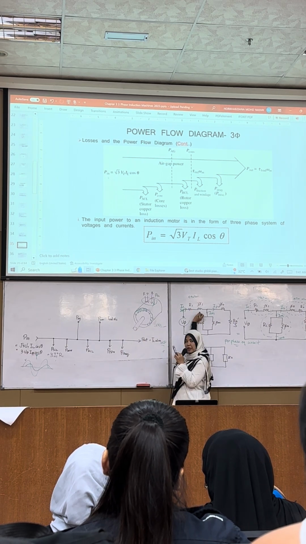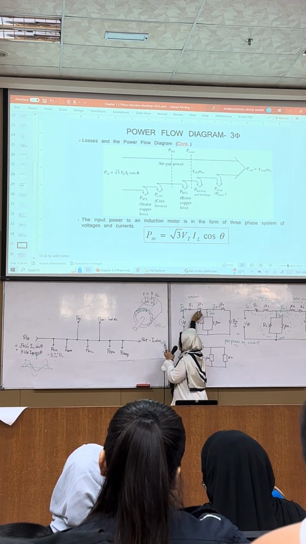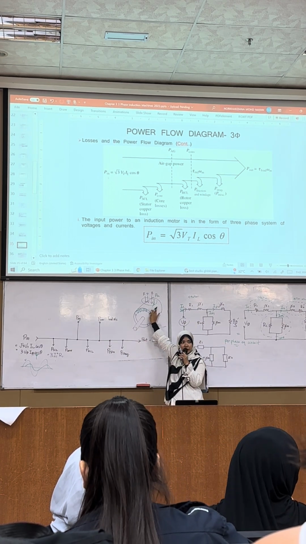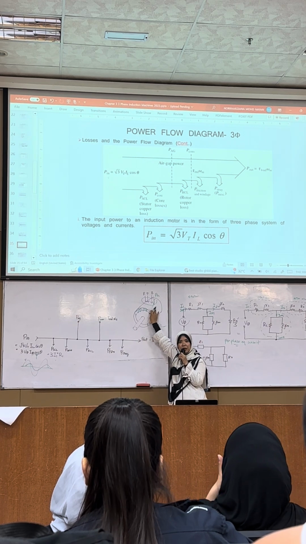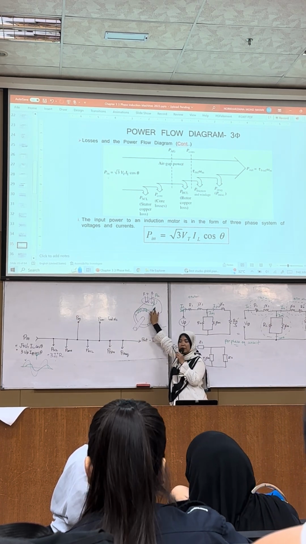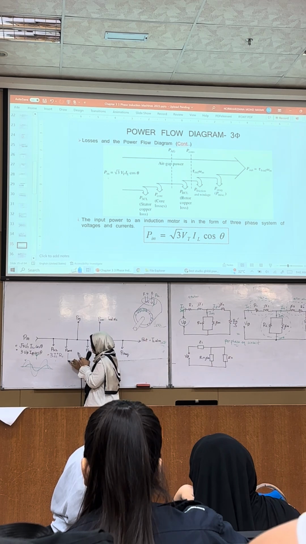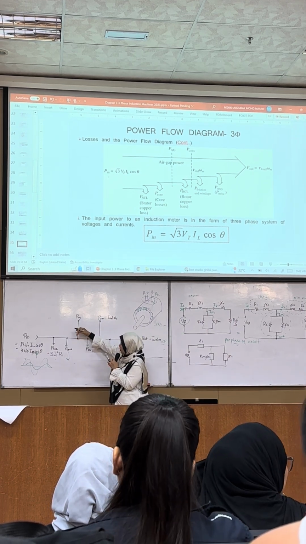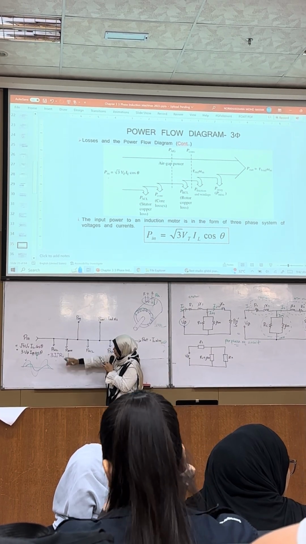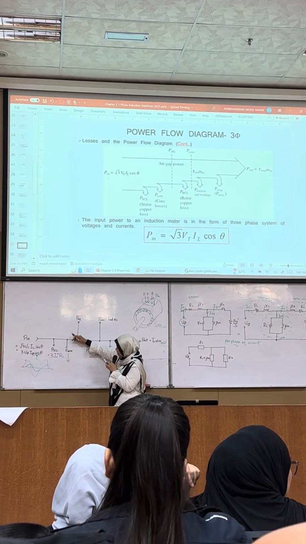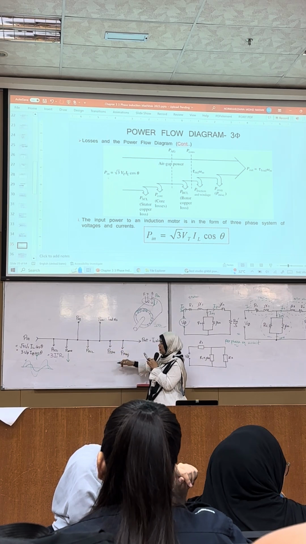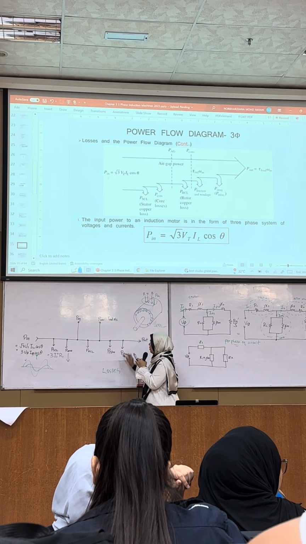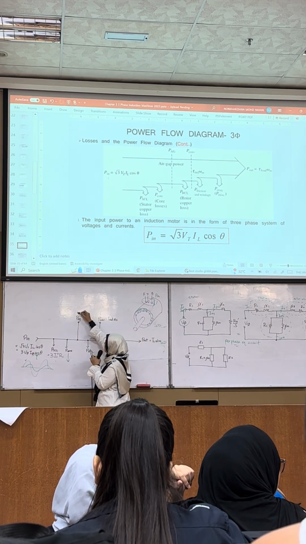After the power flow reaches the winding, we know that the winding has components R1 and jX1. At the same time, the material of this stator has its own resistance, which is called core losses. The arrow facing downward is the losses, but this one is what you can calculate.